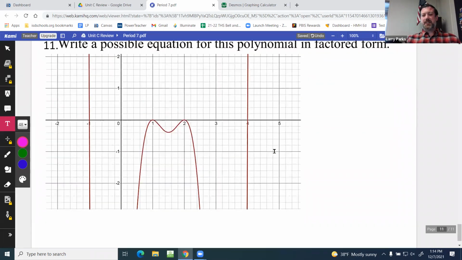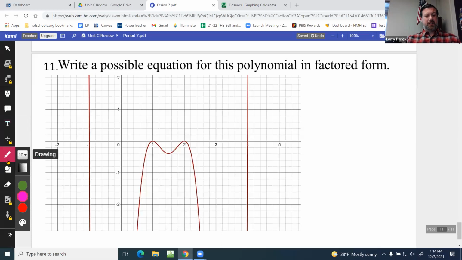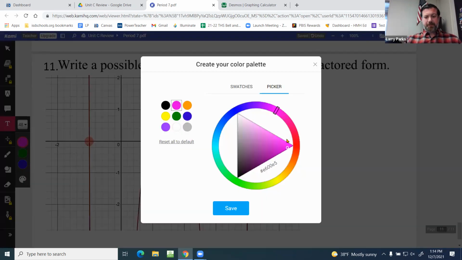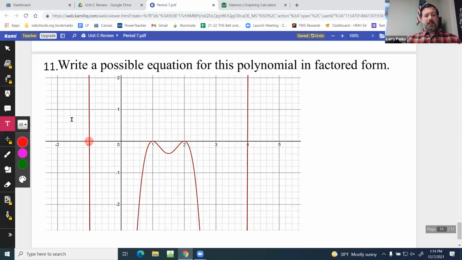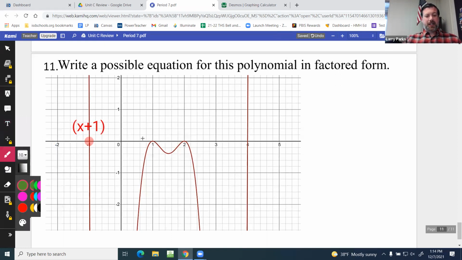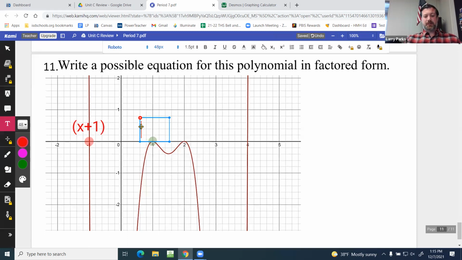Number 11, our last one. We have, looks to be -1. So that would be x plus 1. And it goes straight through. And then we have 1. So that would be x minus 1.